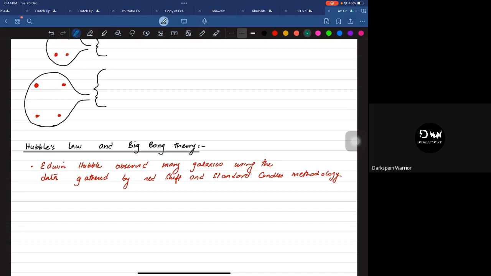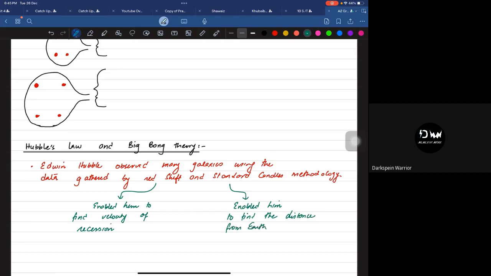Now, you guys should understand that redshift enabled him to find the velocity of recession, and standard candles enabled him to find the distance from Earth. So that's a good thing, right?